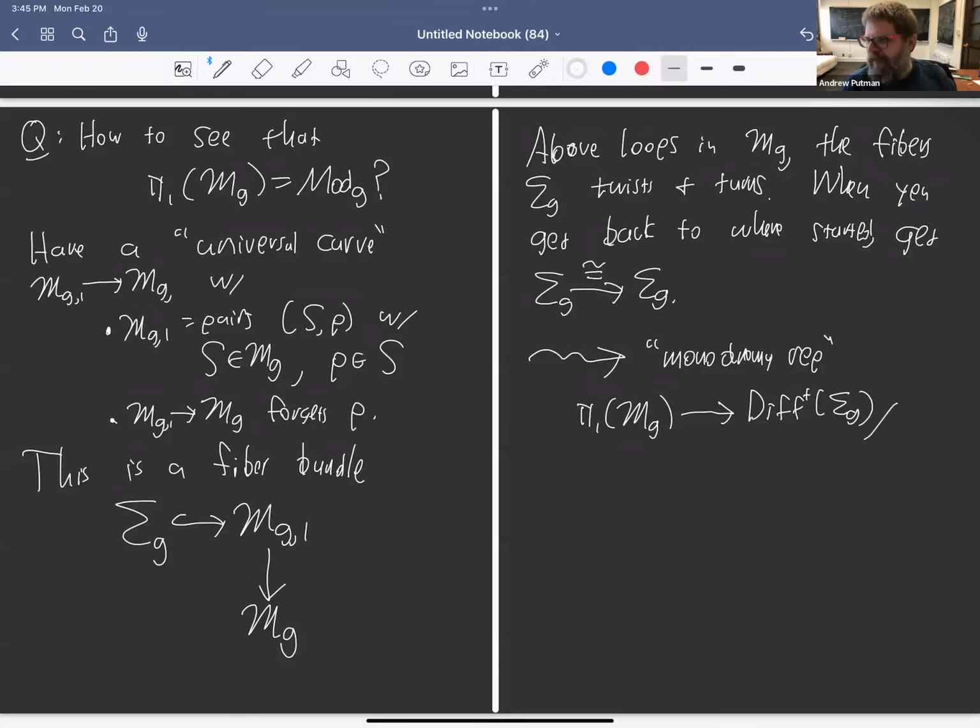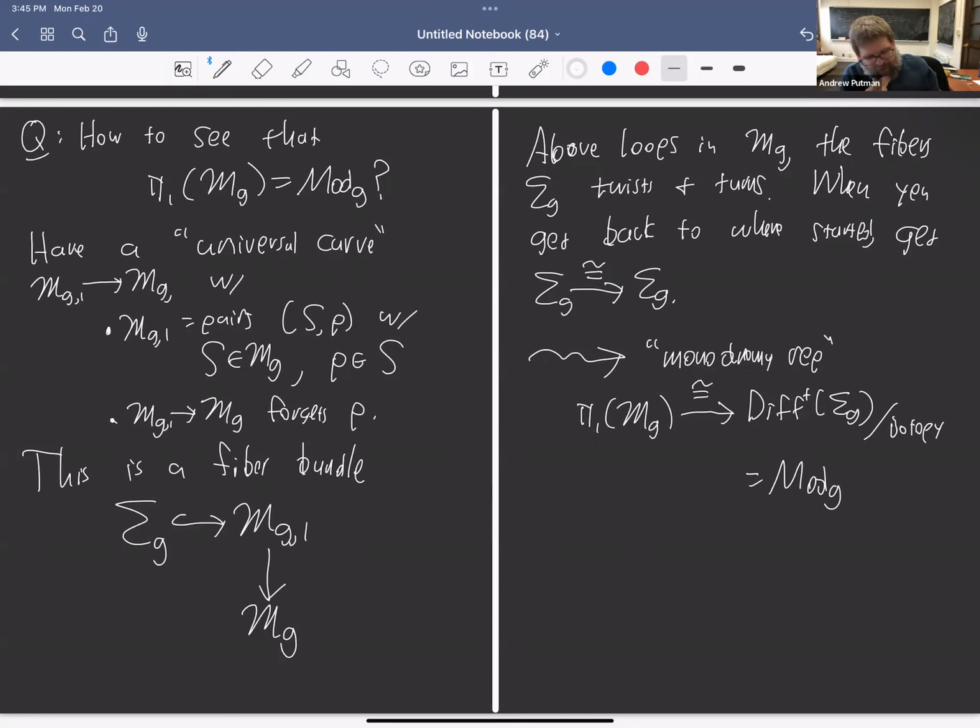But there are a lot of choices I have to make, including that the loop is only well defined up to homotopy, and so the result is up to isotopy. And so that is equal to the mapping class group, and it turns out that this is an isomorphism. So this is why the fundamental group of Mg is the mapping class group. For above every loop inside Mg, you look at the corresponding fibers in Mg1, you go around a loop, you get an element of the mapping class group, and you prove that that's actually an isomorphism.